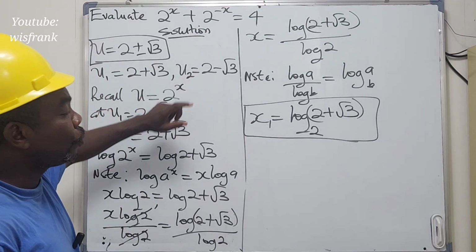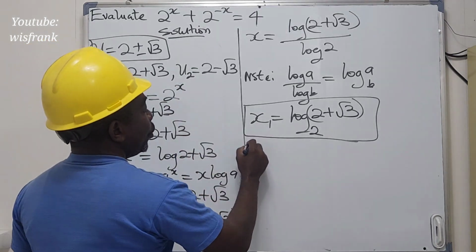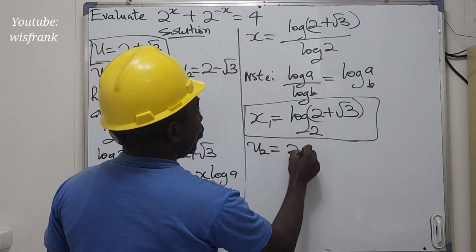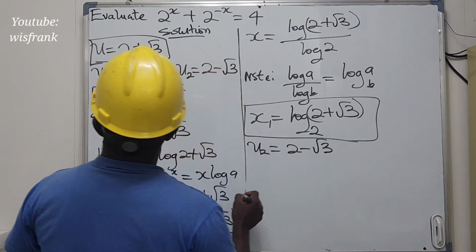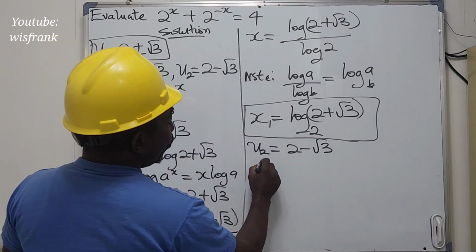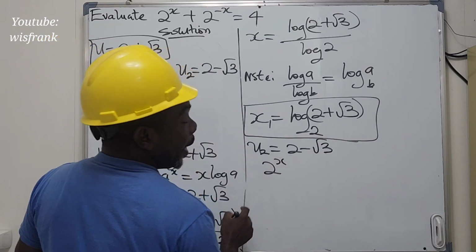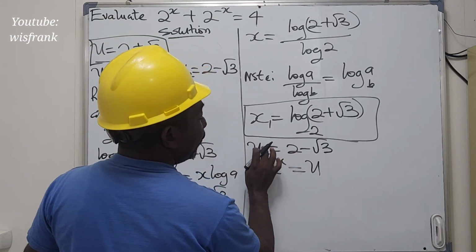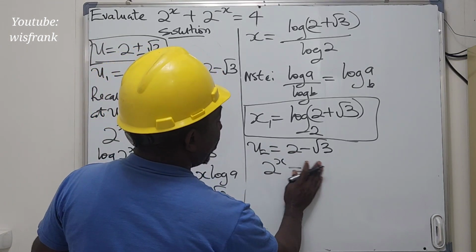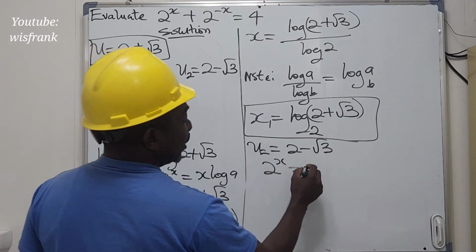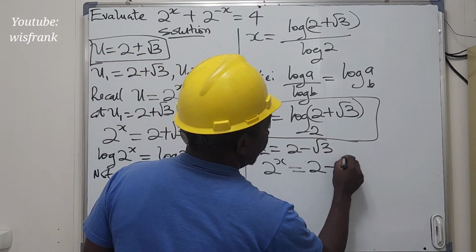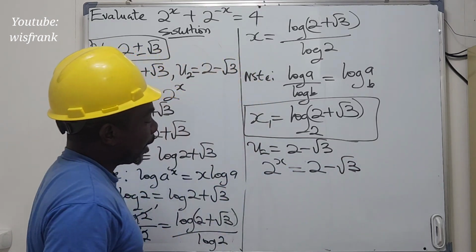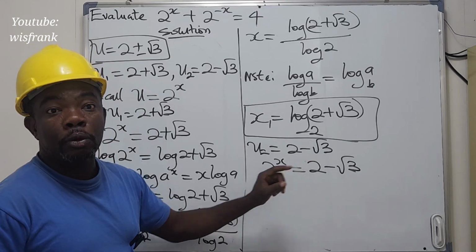So let's look at u2, where u2 equals 2 minus root 3. And also our u here will be 2 to the power of x equals u. So substituting the value of u in this place, we have 2 to the power of x equals 2 minus root 3. Here, the same thing, we need to apply log to both sides.